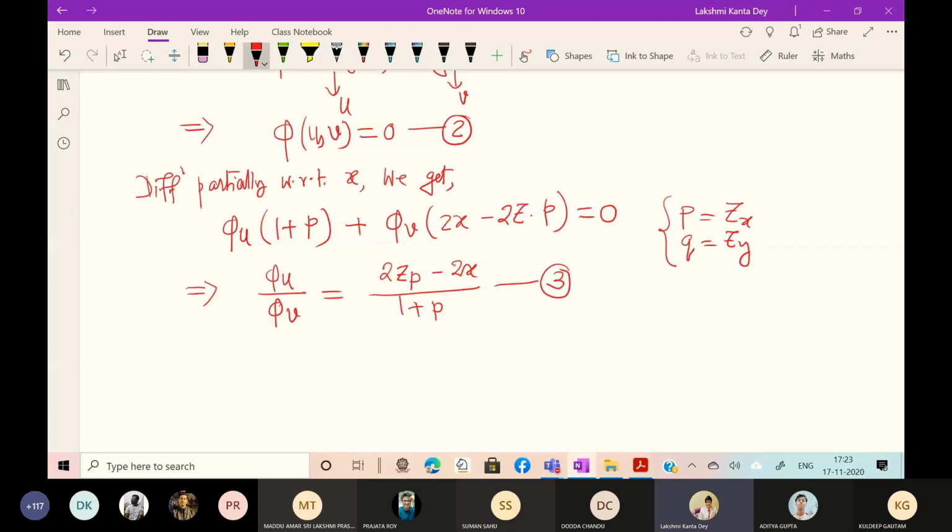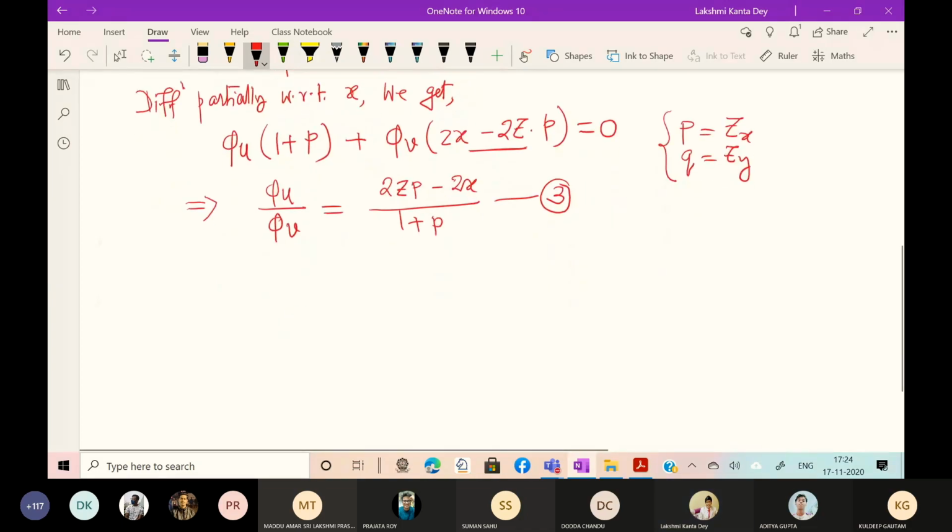I just divide by phi v, and in the numerator there will be a sign change here. In this case, this is twice zp minus twice x divided by 1 plus p.